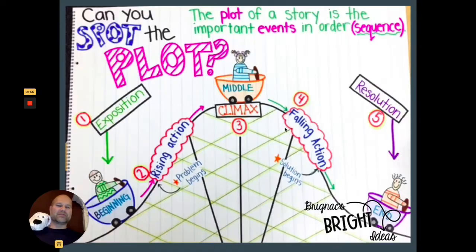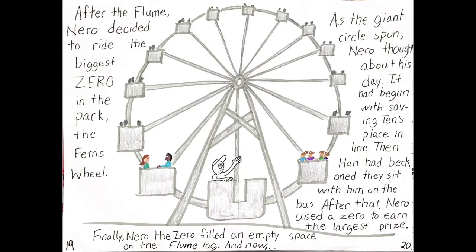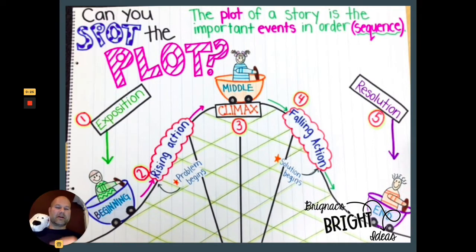And then this part of the roller coaster, the falling action, is where things start to happen that resolve or fix the problem. And in Nero's case, he starts to become aware of some potential good qualities of being a zero, or being himself. So what happens throughout the story that helps that come to its resolution?